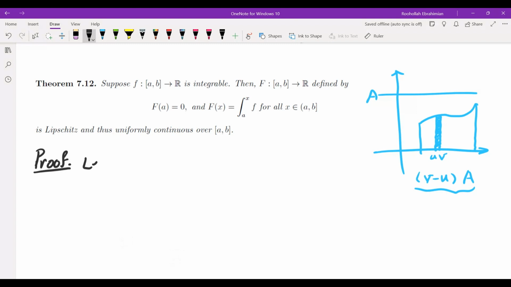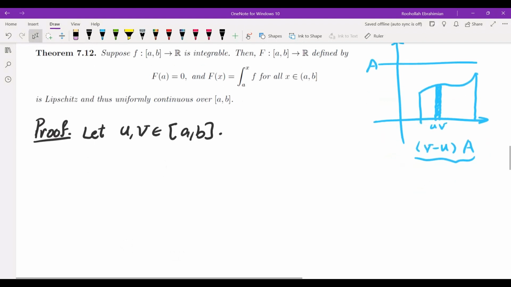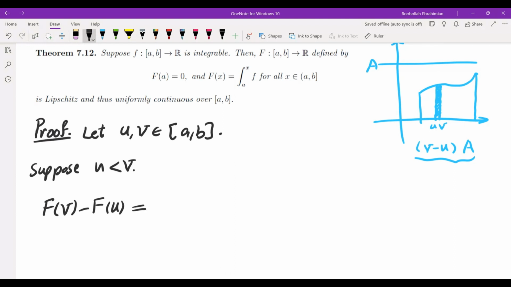Okay, so let u and v be inside the interval from a to b. Suppose u is less than v. If you take the difference of these two, F(v) minus F(u), this is going to be equal to the integral from a to v of f minus the integral from a to u of f.